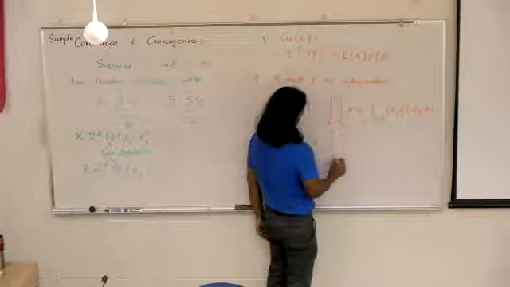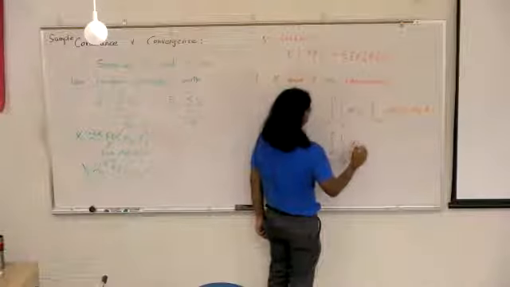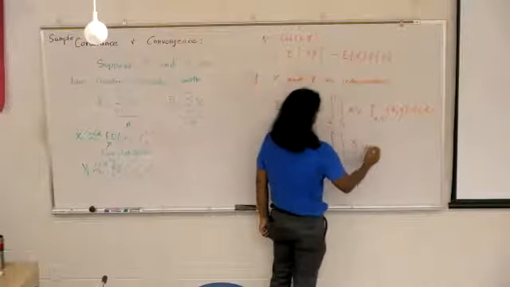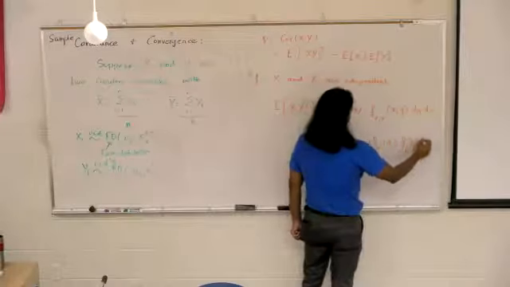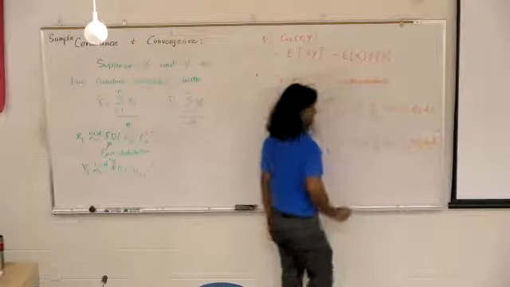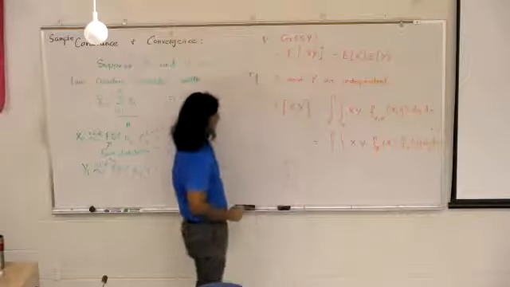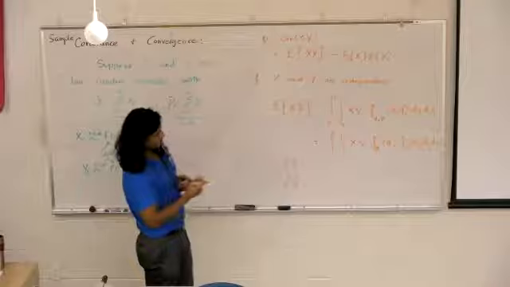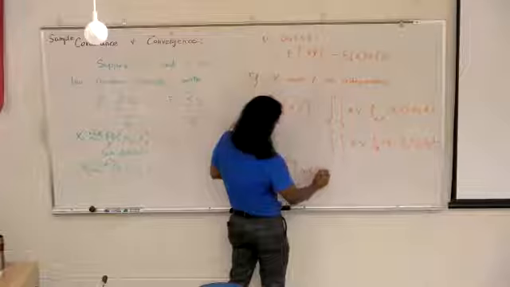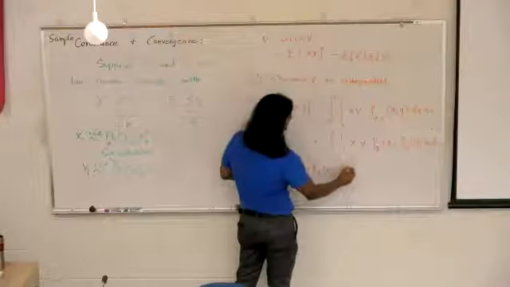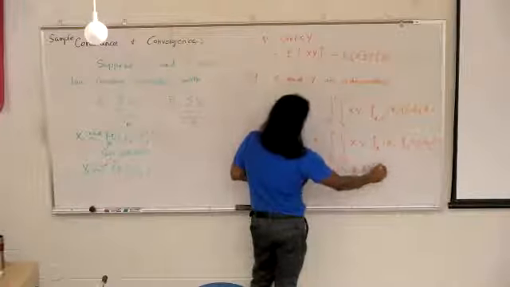So integral over x, integral over y, the range of y. Maybe this comes back later on, but I'll just do it now since we're talking about covariance. I can shuffle things around and write x f of x dx and y f of y dy.